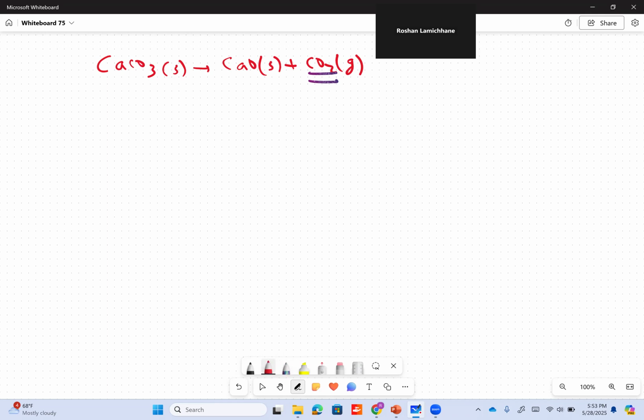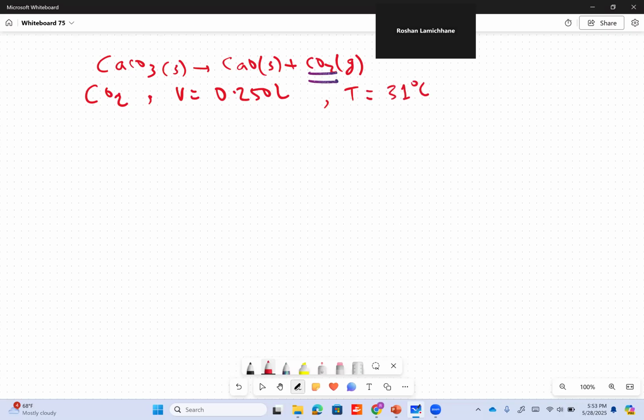All right, now if you look at carbon dioxide, since we're talking about carbon dioxide, the values given: volume is given to me as 250 milliliters, which is 0.250 liters. My temperature is given as 31 degrees Celsius.